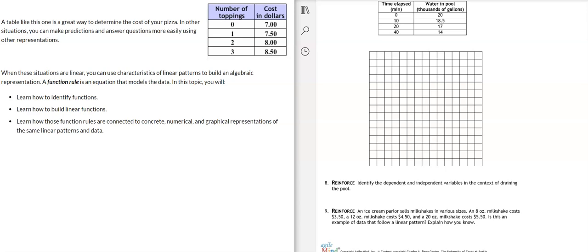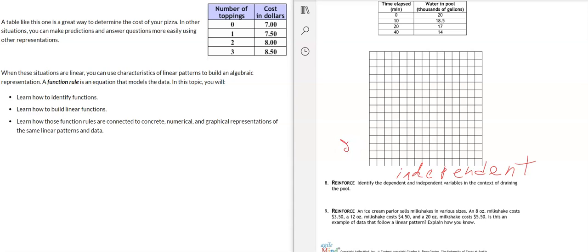Now, something I want you to remember, that when you are creating graphs of data, typically this down here at the bottom on the horizontal is always your independent variable. Okay. And it's not letting me write for some reason. Is your independent data, and on the vertical is your dependent.